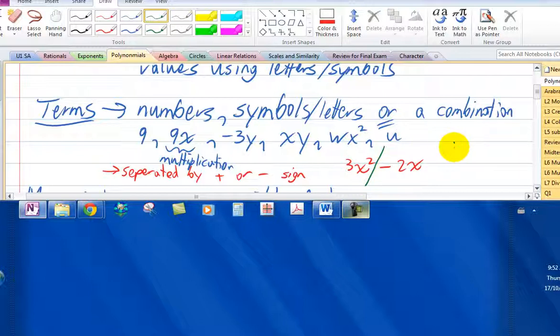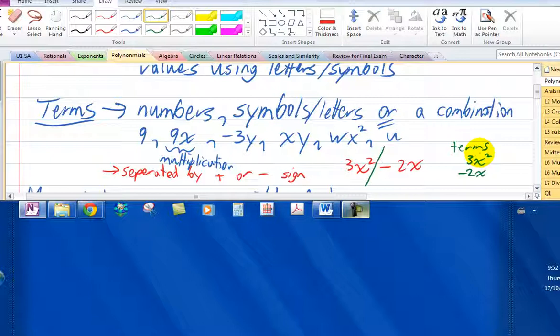So the terms are 3x squared and negative 2x. Notice how your subtraction is also like a negative sign. So you've got to start thinking about your subtractions as negatives and your additions as positives, because we use that a lot. Any questions about what a term is?